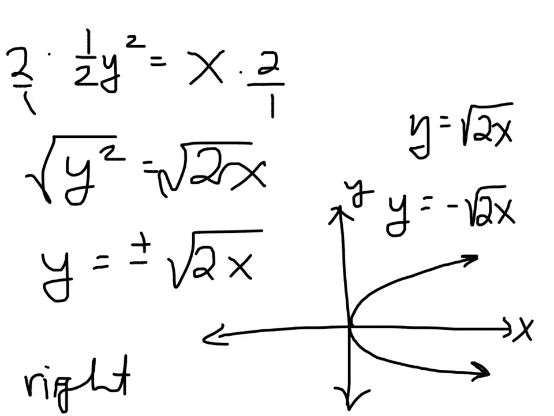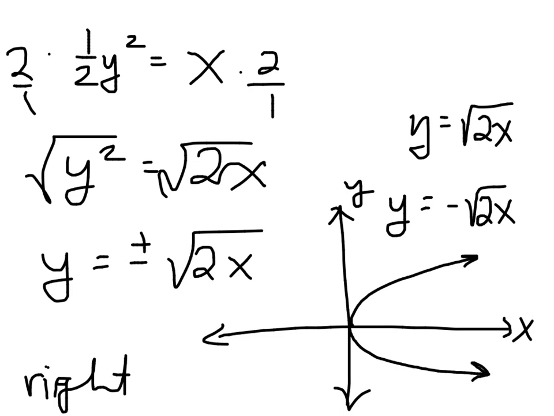Now, what's the vertex? What is a vertex of a parabola? It's been about a month or so since we've talked about it. But what is a vertex in general? It's the turning point, right? Where do they turn at? 0, 0.